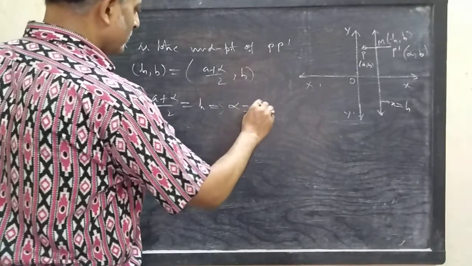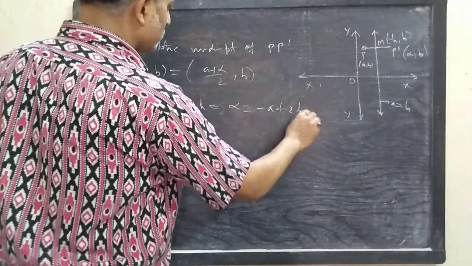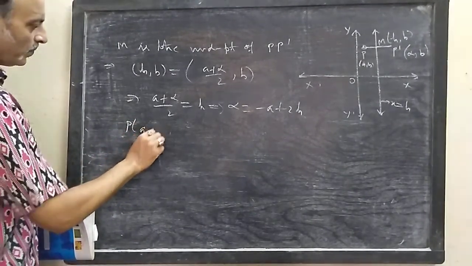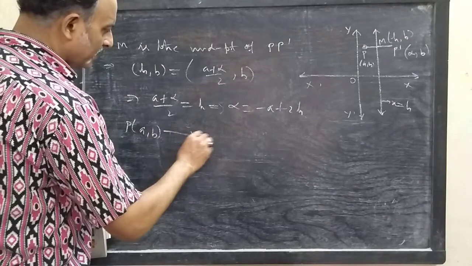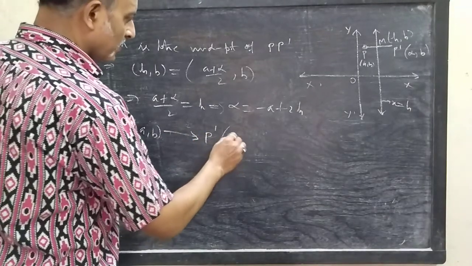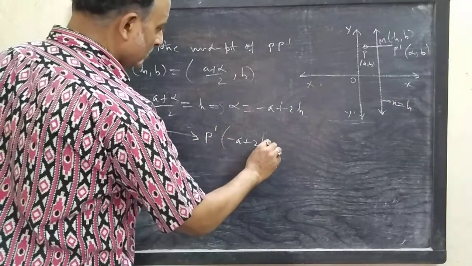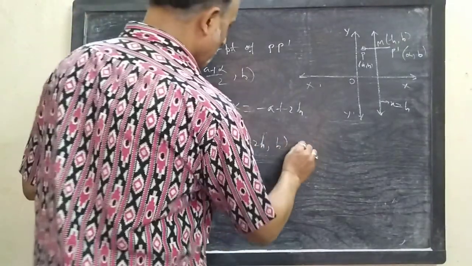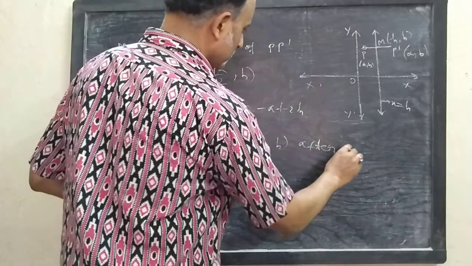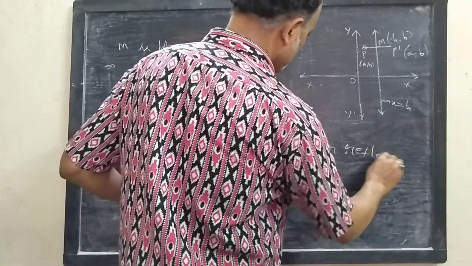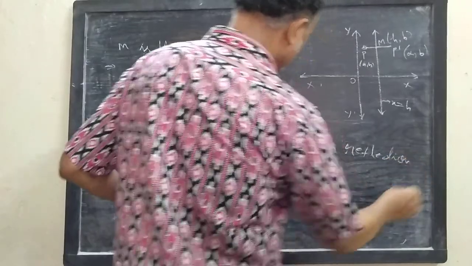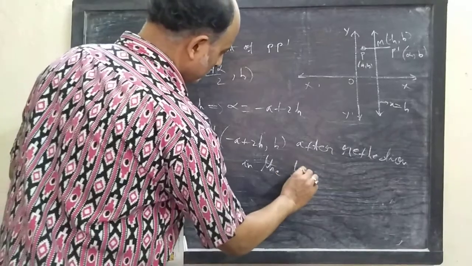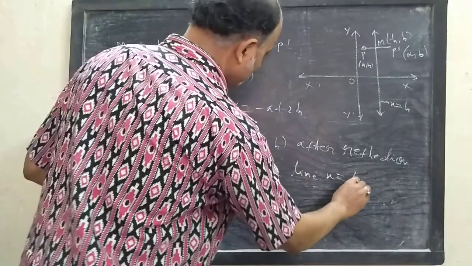That implies alpha equals to minus a plus 2h. So we get the final formula. P a comma b is reflected to the point P dash minus a plus 2h comma b after reflection in the line x equals to h.